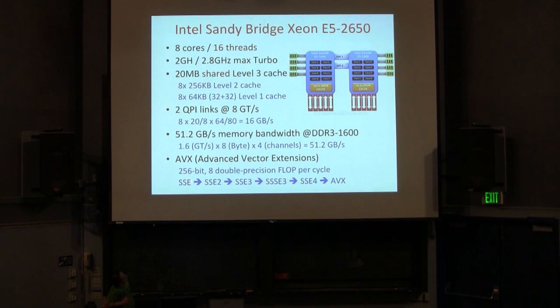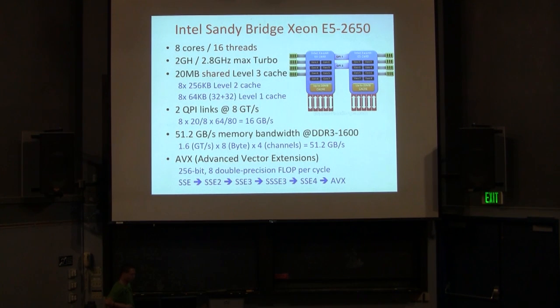You would think that it can only do 4 double precision per cycle. Does anyone have an answer why it can do 8 double precision here? Okay, the reason here is actually because of an instruction called FMA, fused multiply-add.